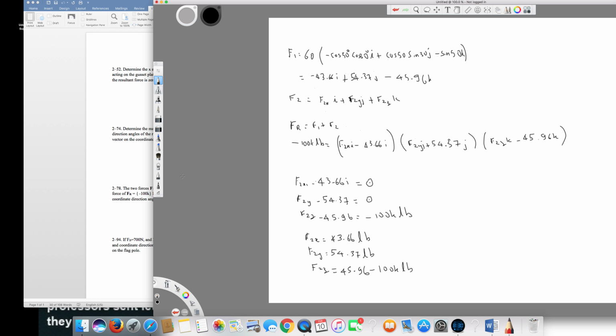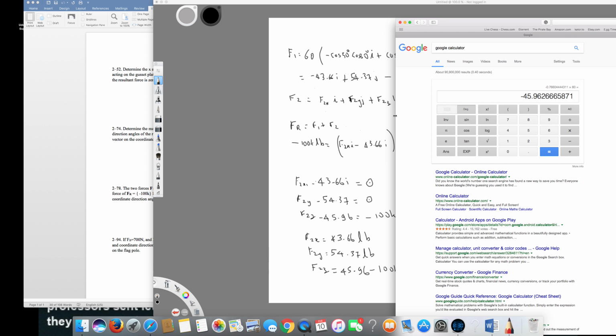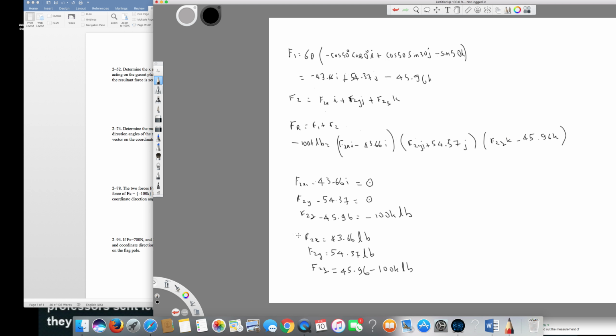So we have to find the value for that one. In order to do that, I'm going to use a calculator. 45.96 minus 100 is going to give me minus 54.04. So this is 54.04 lb. So these are the F2 values.